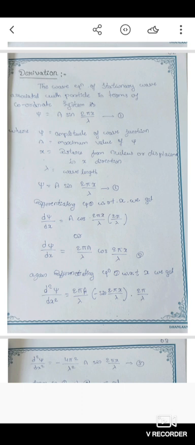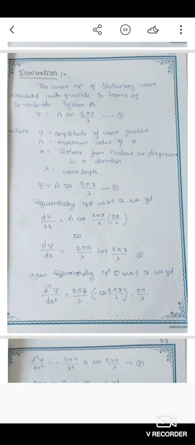Differentiating equation 1, we get d psi divided by dx is equal to a cos 2 pi x divided by lambda into 2 pi divided by lambda, or d psi divided by dx is equal to 2 pi a divided by lambda into cos 2 pi x divided by lambda.